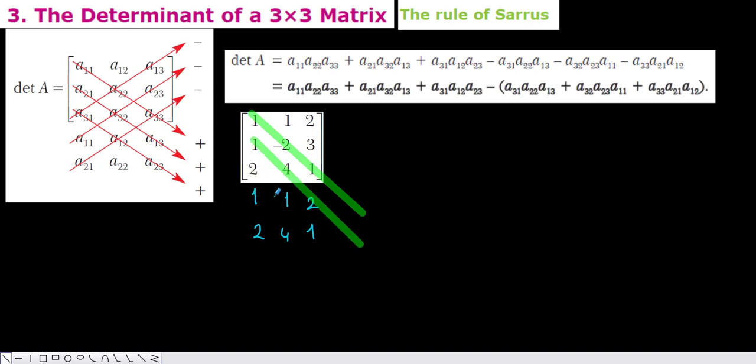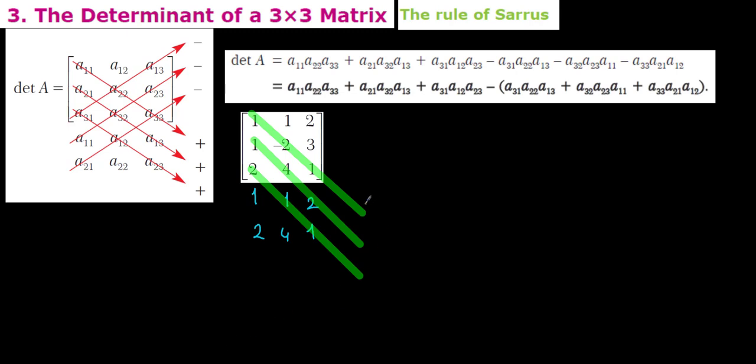I have to write and multiply them: 1 times -2 times 1, then 1 times 4 times 2, then 2 times 1 times 1. 1 times -2 times 1 is equal to -2. 1 times 4 times 2 is equal to 8. 2 times 1 times 1 is equal to 2.